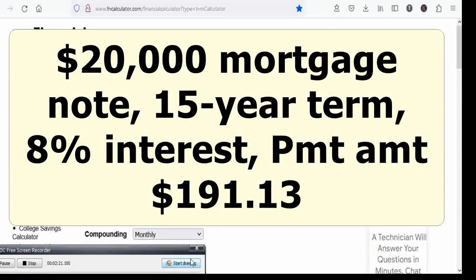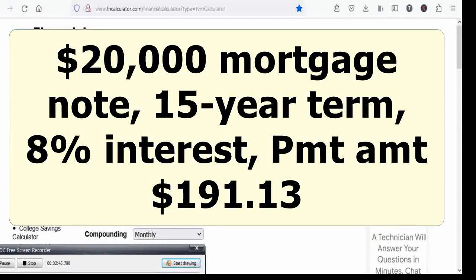If your investment strategy was to have each invested dollar earn 13%, then you couldn't buy that note for full price since you would only be earning 8% interest. So, in order to get your 13% return or yield, you'd have to pay less than the $20,000. Now, this is the concept of discounting a mortgage note.